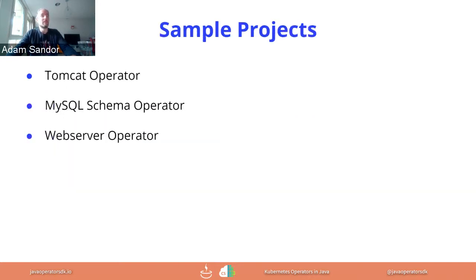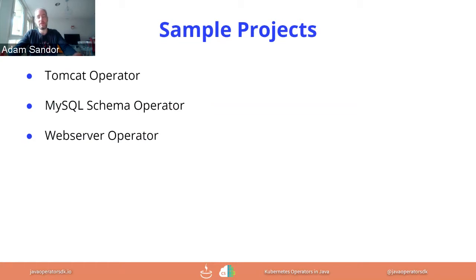And finally, we have 3 different sample projects. The Tomcat operator is showing a more complex application management. That's what Charlotte is going to be demoing in a moment. The MySQL schema operator is showing the case where you are managing resources outside of Kubernetes.